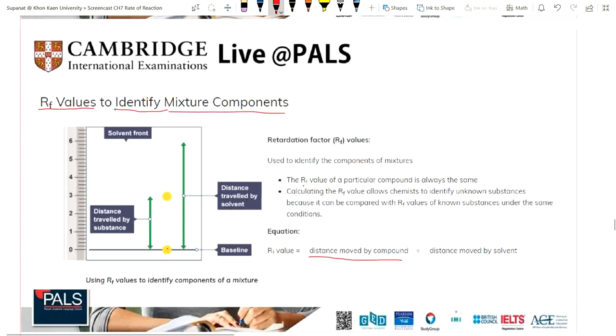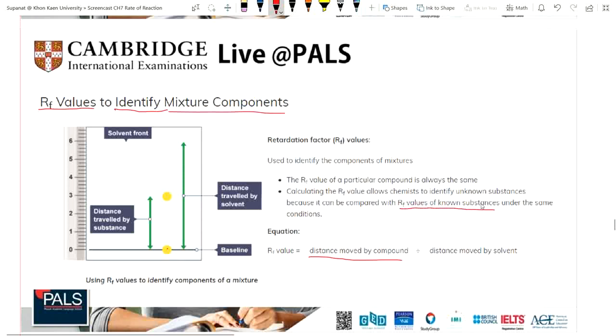The property of the RF value: the RF value of a particular compound is always the same. So we can calculate the RF value. This allows the chemist to identify the unknown substance because it can be compared with the RF value of the known substance under the same condition.